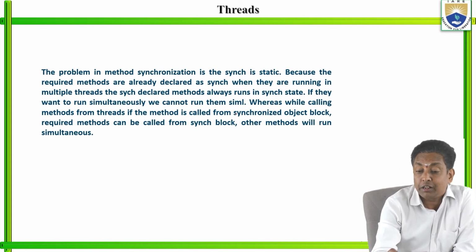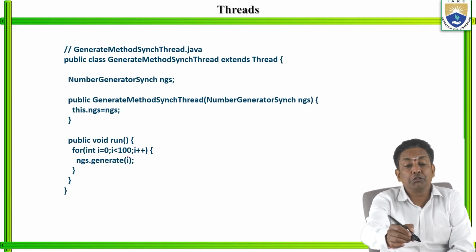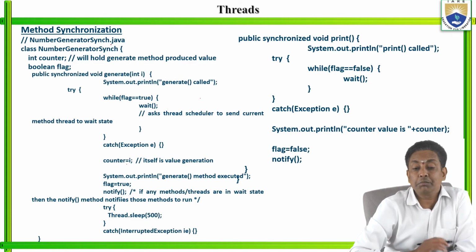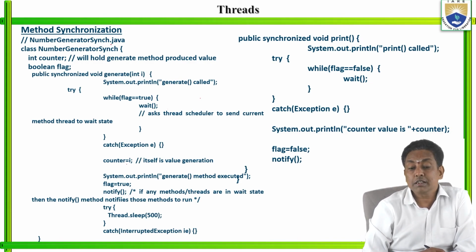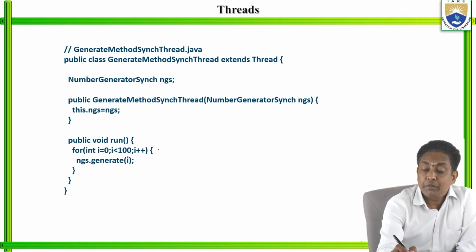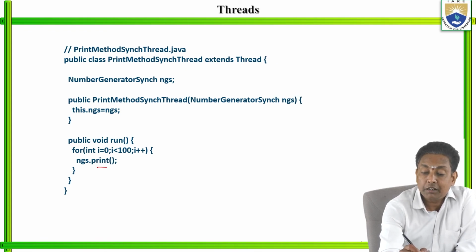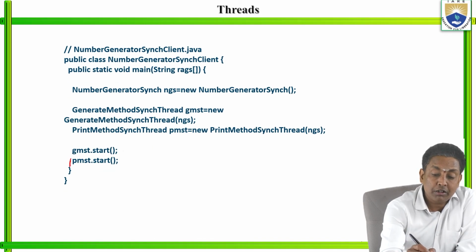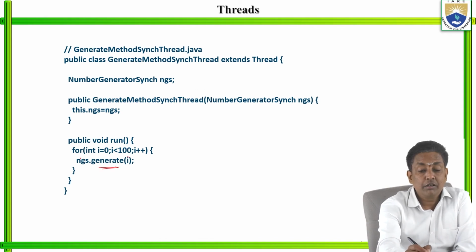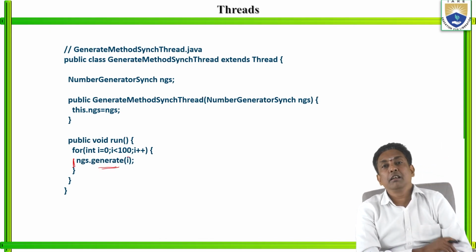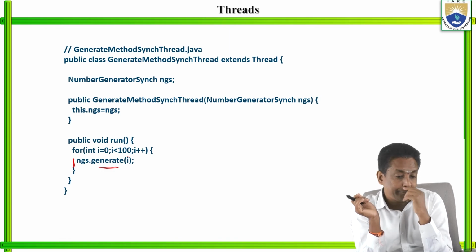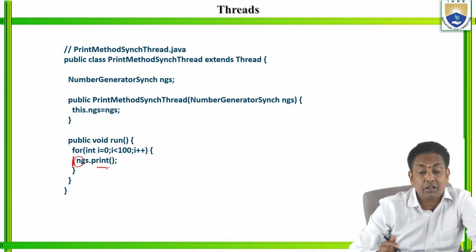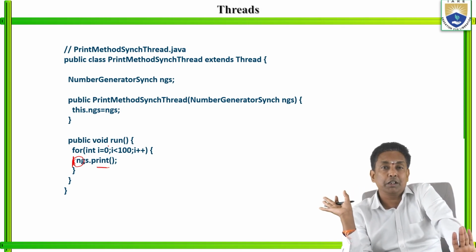If they want to run simultaneously, we could not run them otherwise. So you remove synchronization from the methods, and then the method from where we are calling the generate and print methods, we put this calling block, these calling statements, in a synchronized object block.